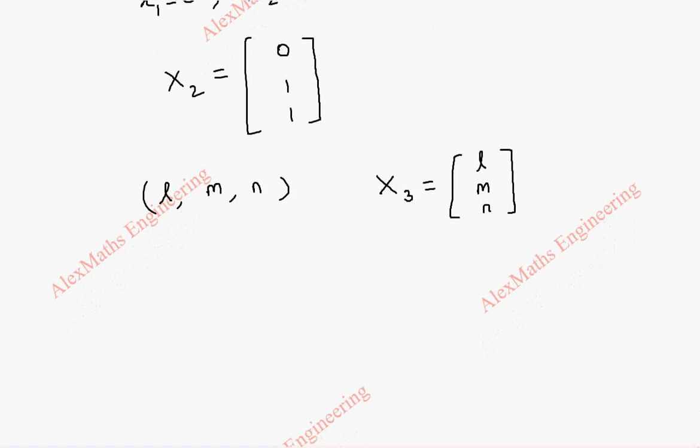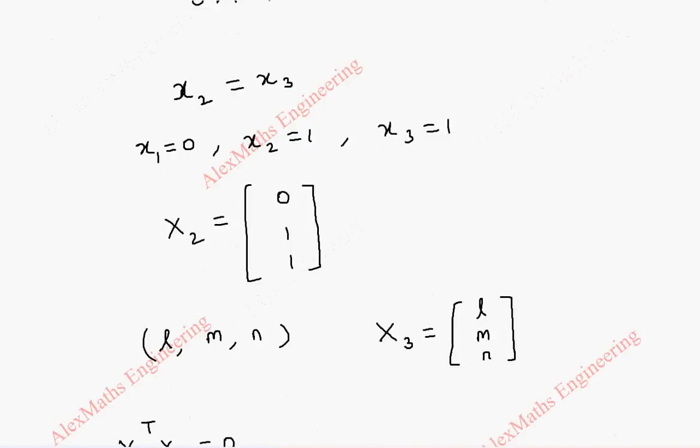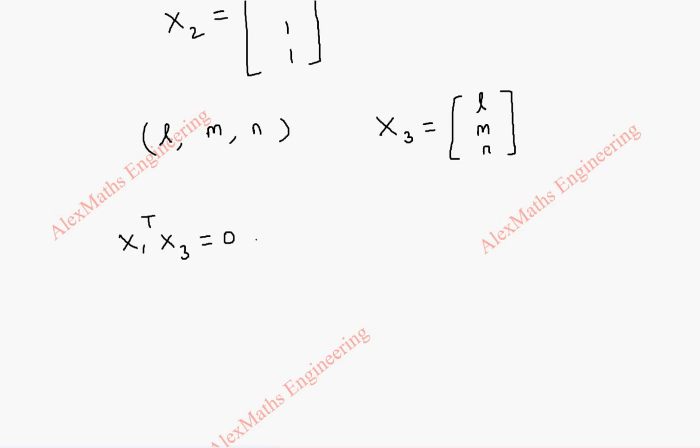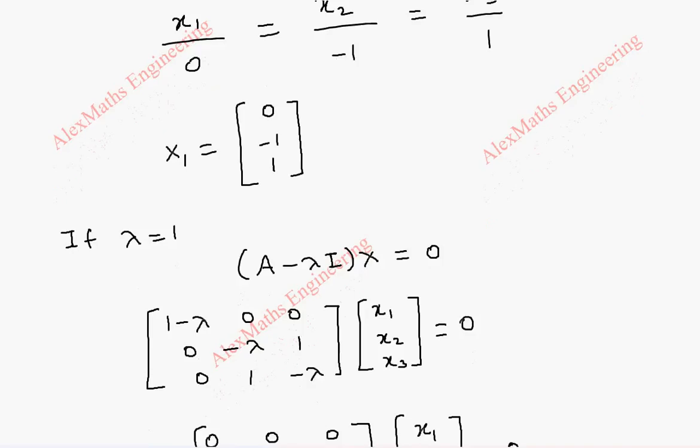So when I take x1 transpose with x3, it has to be 0. x1 we already got as 0, minus 1 and 1. So if I multiply with x3, we get 0L minus M plus N equal to 0, because we have 0, minus 1 and plus 1.